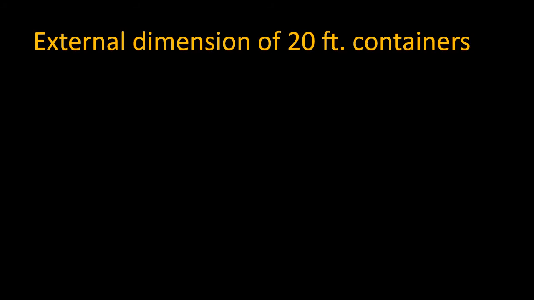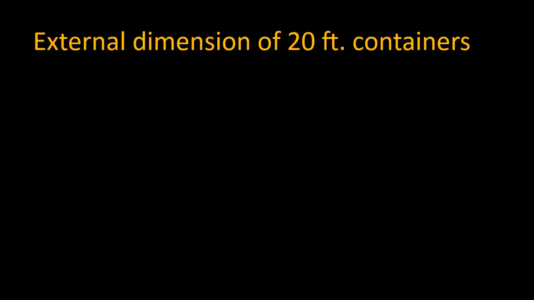Let us examine the dimension of a standard 20-footer container. We shall look at the outer measurement of the 20-footer container. This is the external measurement, the outside measurement of a 20-footer.